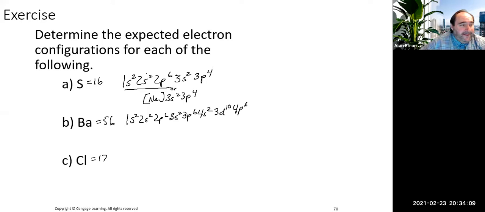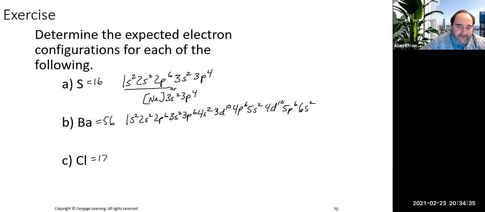And then we would go to 5s2 next, followed by 4d10, and that would then be followed by 5p6, and gosh, I hope I'm almost there. And then we've got 6s2. I'm going to hope that's 56 there.